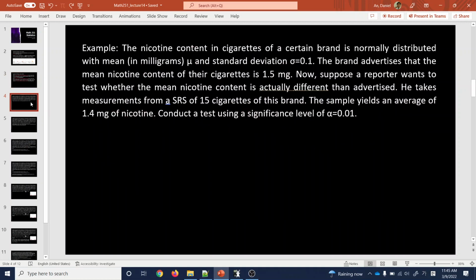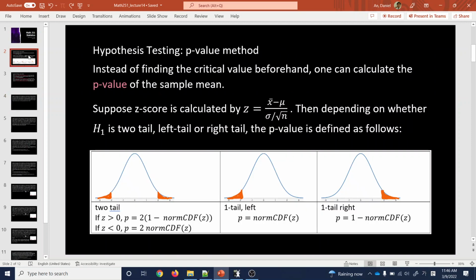Much of the things that we do here will be similar to what we did in the last lecture. The only difference is we calculate one more thing, which is called the p-value. And when you use the p-value, there's no need to do inverse norm or inverse t. Oh, by the way, there's one more thing.